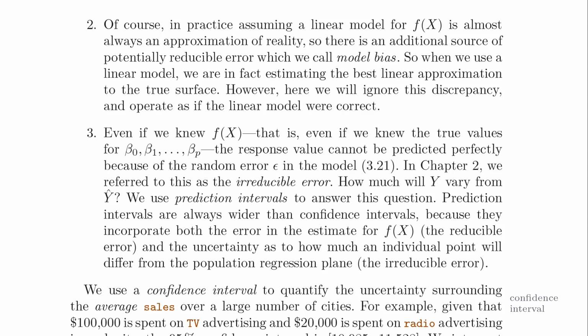In chapter 2, we refer to this as the irreducible error. How much will y vary from y hat? We use prediction intervals to answer this question. Prediction intervals are always wider than confidence intervals.